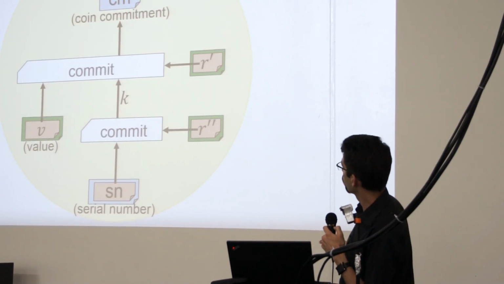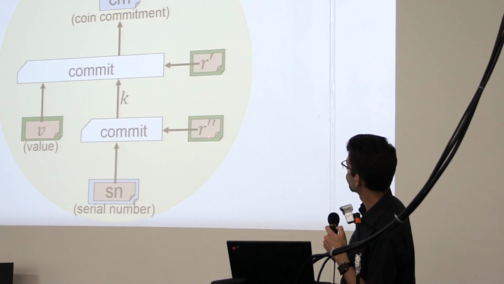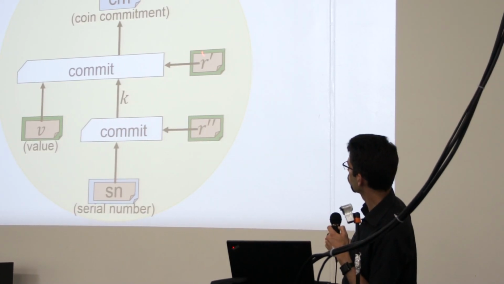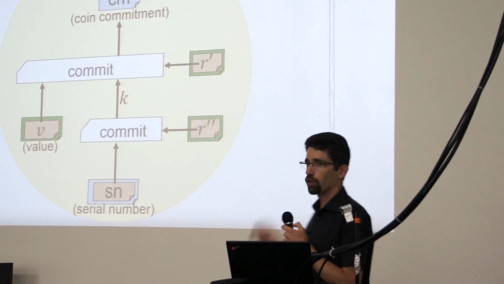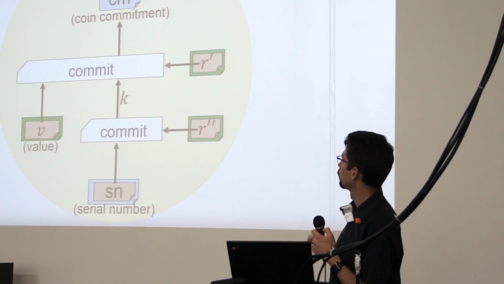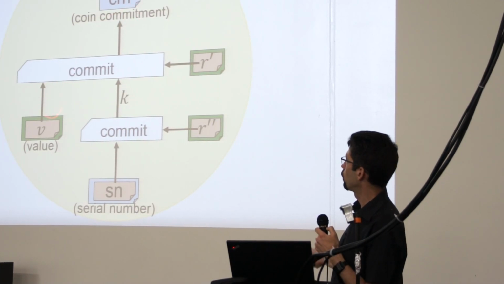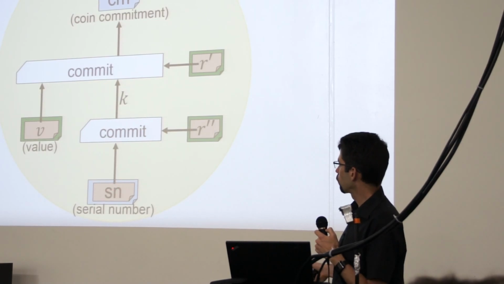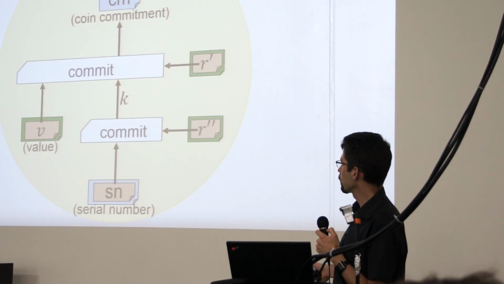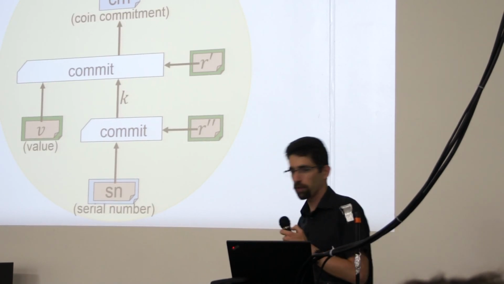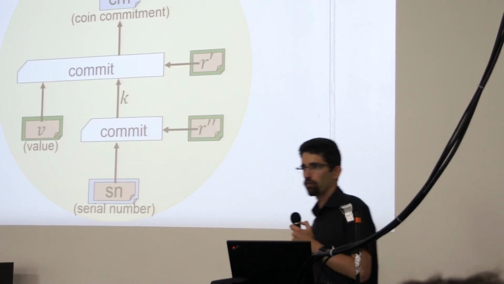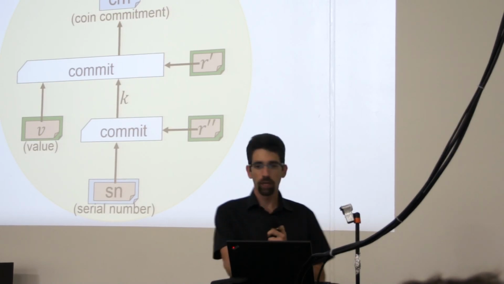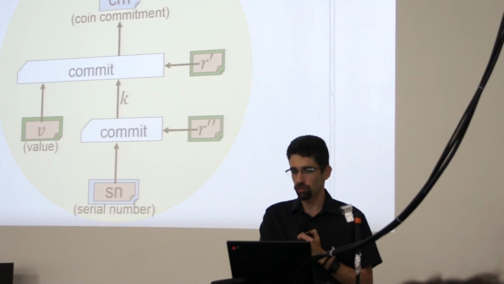The way I do this is by convincing you that I know R prime and R double prime. That suffices to convince you that CM indeed contained V, so it's the right value, and that SN has not appeared before, so it's not double spent, and it doesn't reveal anything else by virtue of being zero knowledge. Again, I'm using a zero knowledge SNARK for that.